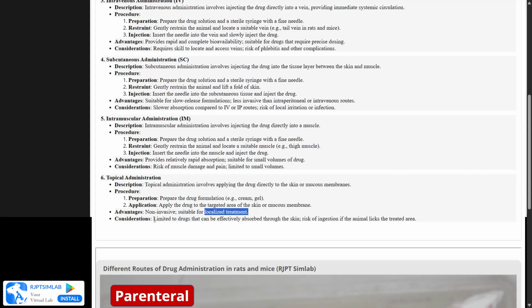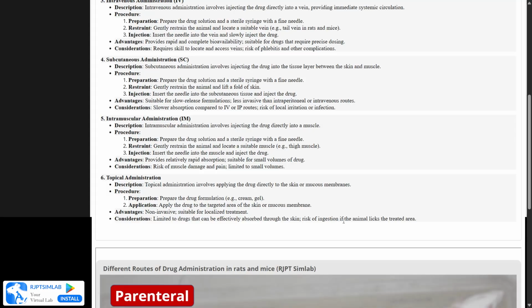Then the last is the consideration: limited to drugs that can be effectively absorbed through the skin, and the risk of ingestion if the animal licks the treated area. We have to be very careful with this, as some drugs cannot be effectively absorbed. Only drugs which have high absorption can be used via the topical route.